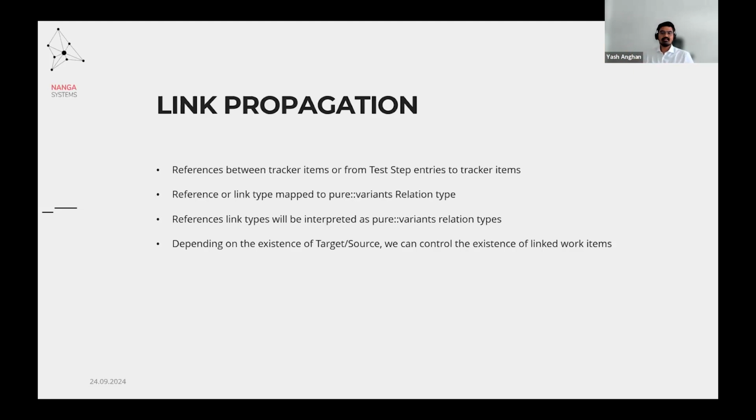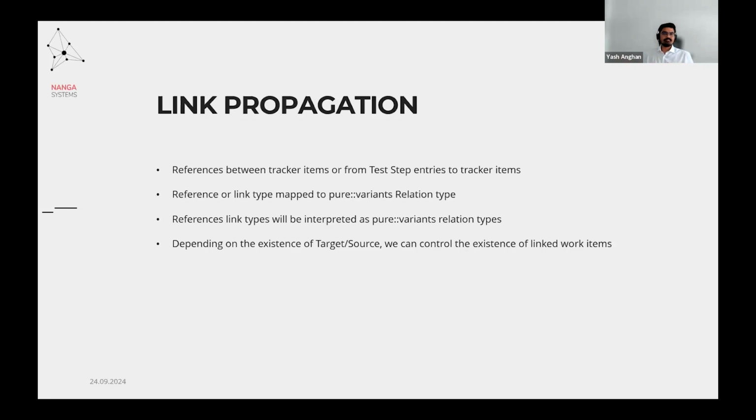When you create a new product variant, say a basic model without an infotainment system, the link propagation feature automatically detects that all the test cases related to the infotainment system are not relevant.